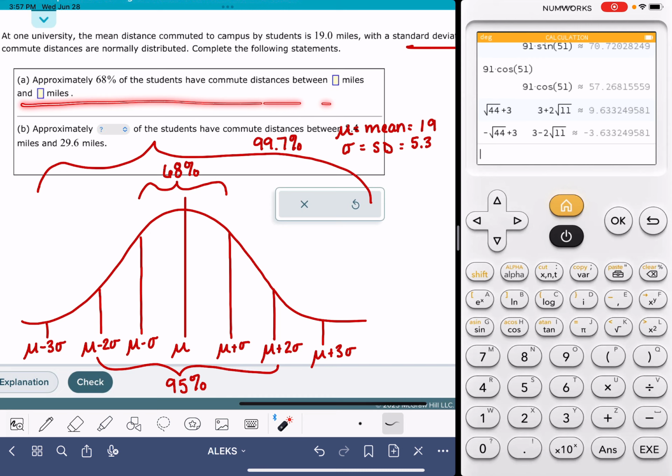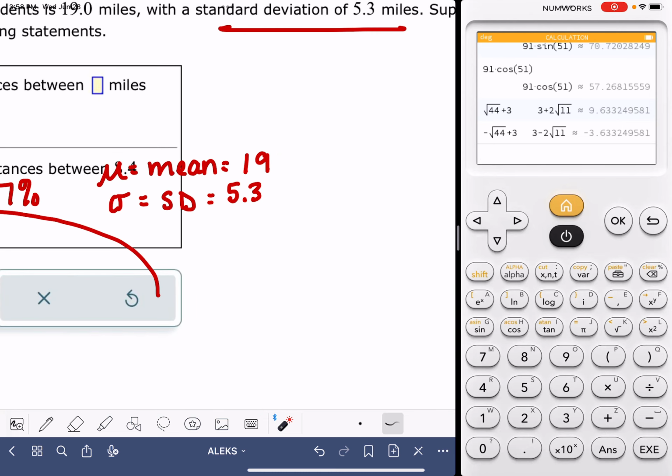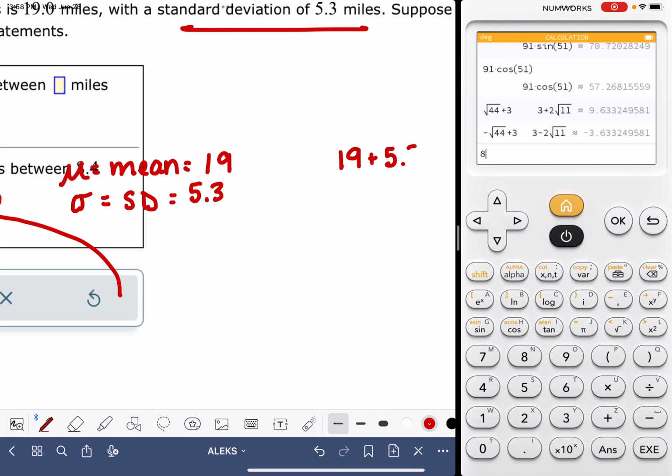So my first question says approximately 68% of students have a distance between what and what. 68% represents one standard deviation above and below the mean. So for my data, the mean is 19. And one standard deviation above 19 is 24.3.